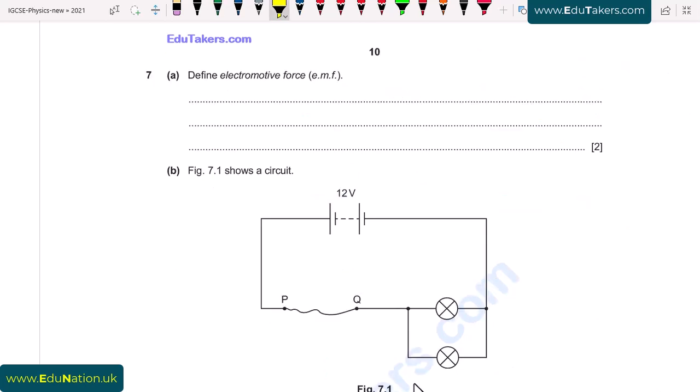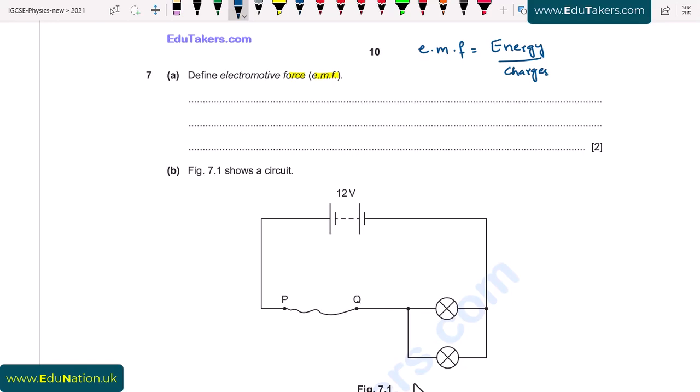Question number 7, part A. Define electromotive force, EMF. So here we have to write the definition of EMF. It is the energy supplied to the charges to move across the whole circuit, known as EMF. Energy supplied over charges.